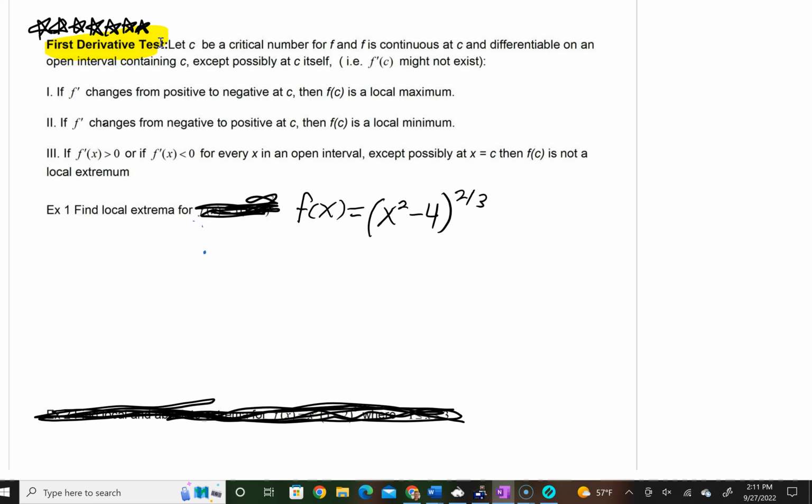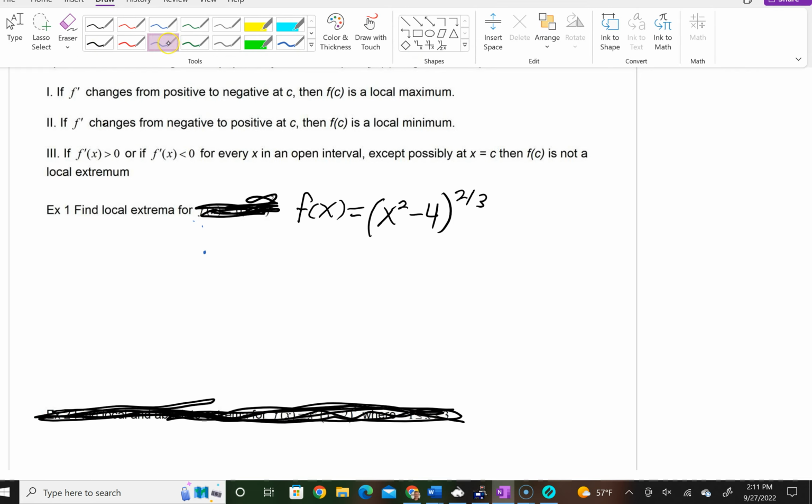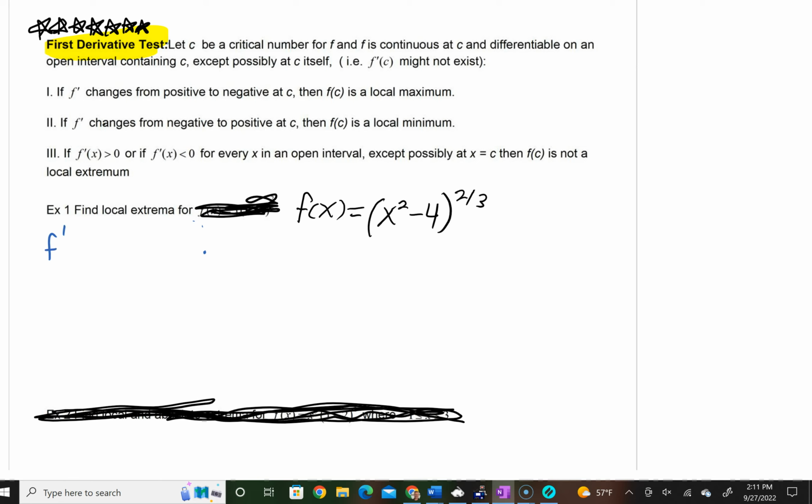Let's break it down here. First, I want to take a derivative. So I've changed this problem to x squared minus 4, raised to the 2/3 power. Help me with the derivative. What rule do we need? Chain rule. We're going to bring the 2/3 down.